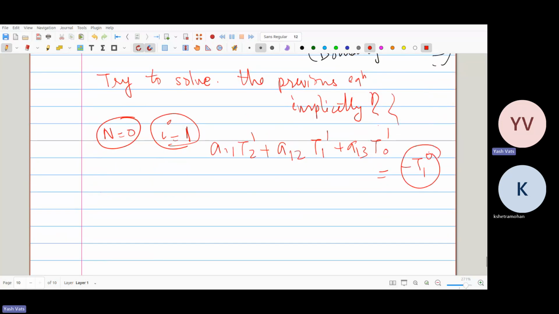So that is the boundary condition, right? And the value they have given, I think, is 0 or something like that.